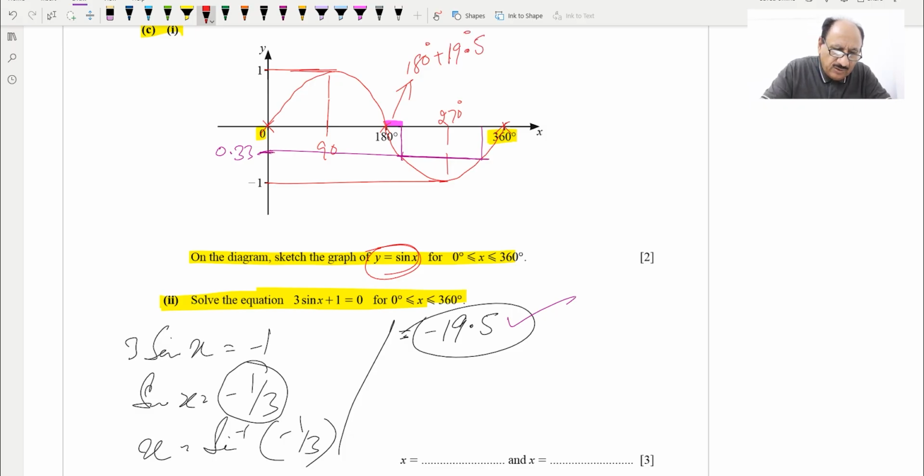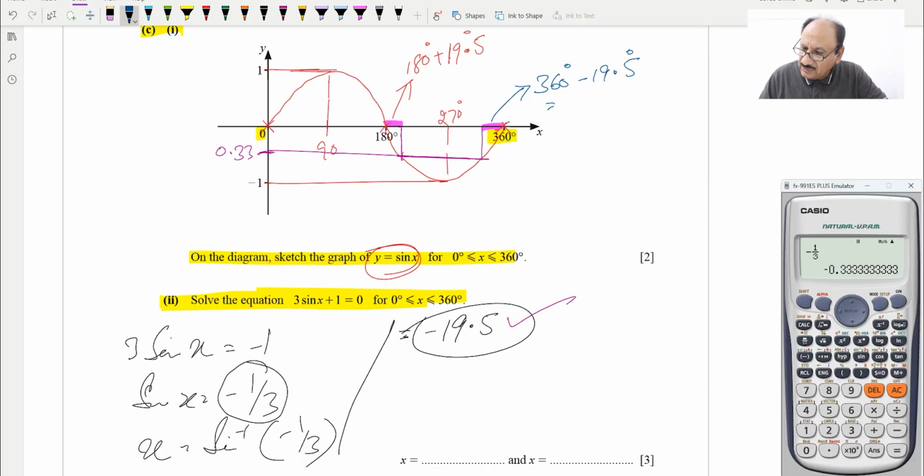And if we check this portion, this will be 360 degrees minus 19.5 degrees. This is the lesser portion. So for this one, 360 minus 19.5 is equal to 340.5.